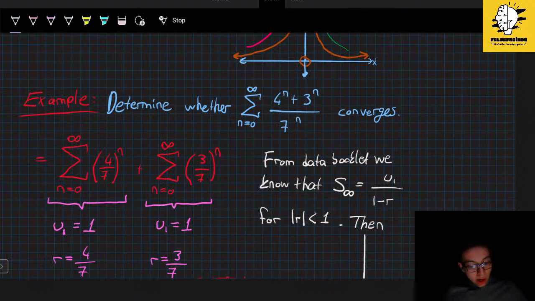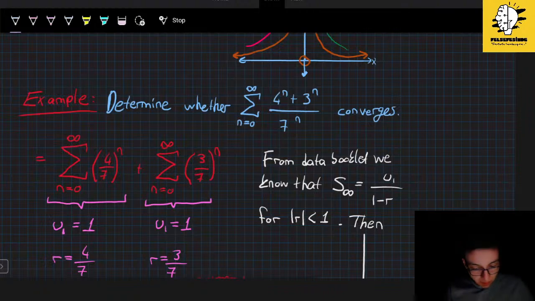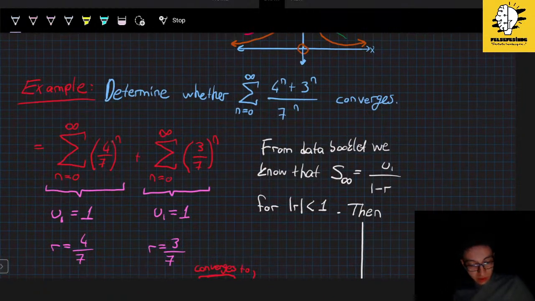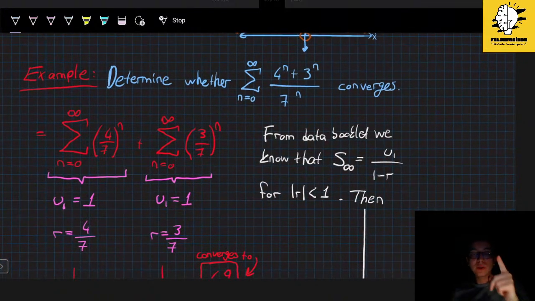Nice. So I realized something here. This means that this is a series. This is a geometric sequence, and it starts from n and goes to infinity. Let's use our data booklet. From the data booklet, we know that the sum of a geometric sequence at infinity is equal to S infinity.